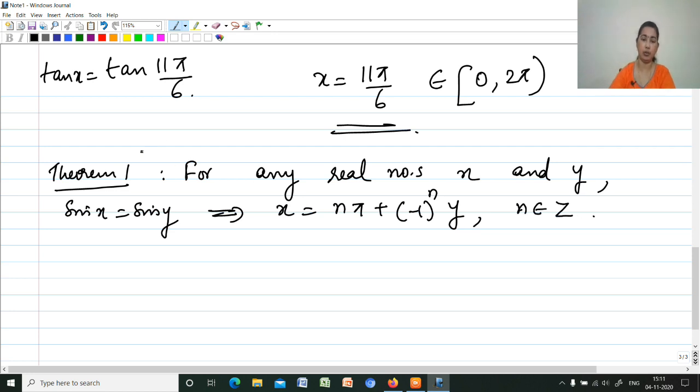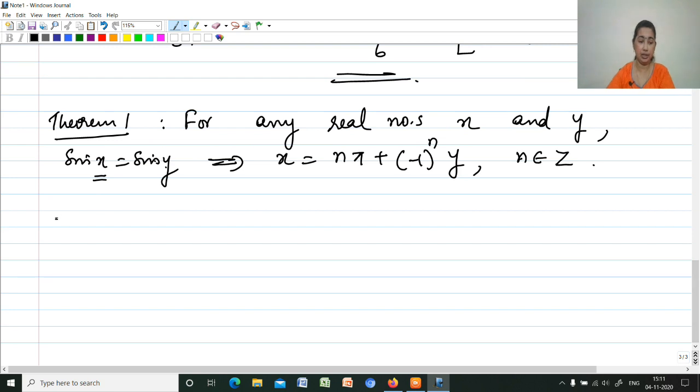If sin x equal to sin y for any real numbers x and y, then x can be written as n pi plus minus 1 raised to n into y. Same way, if it is in terms of cos, we will write theorem 2.